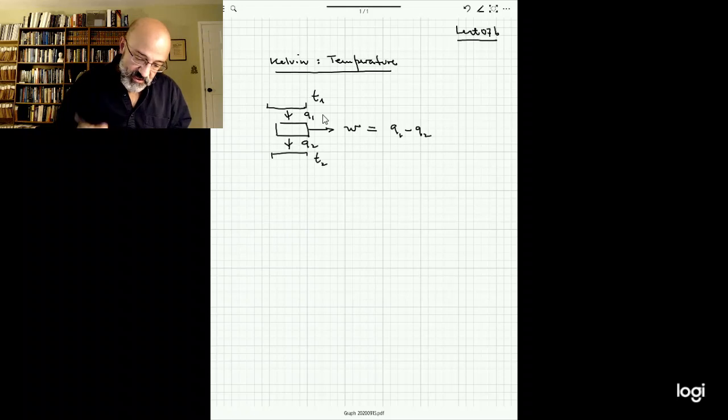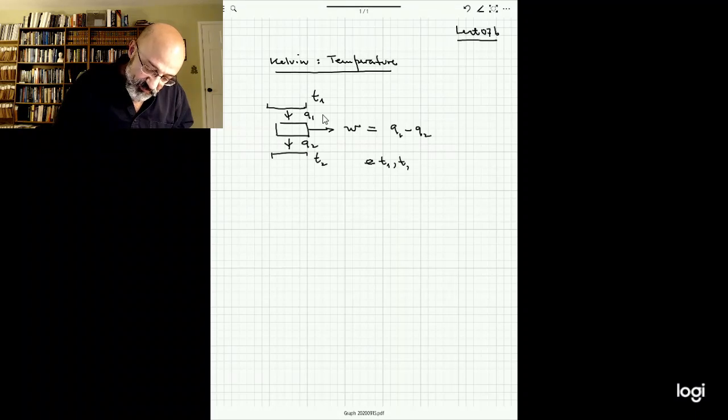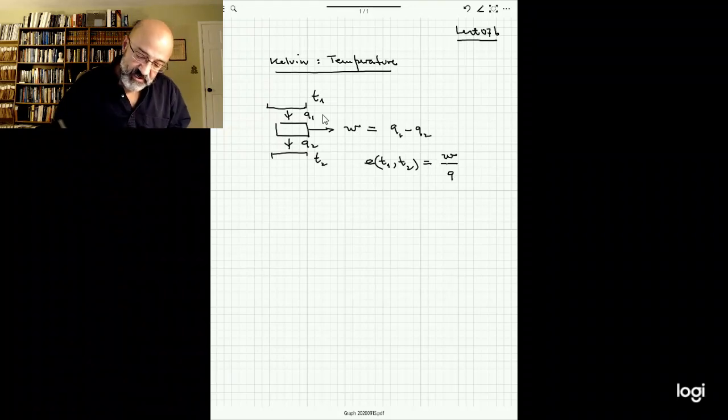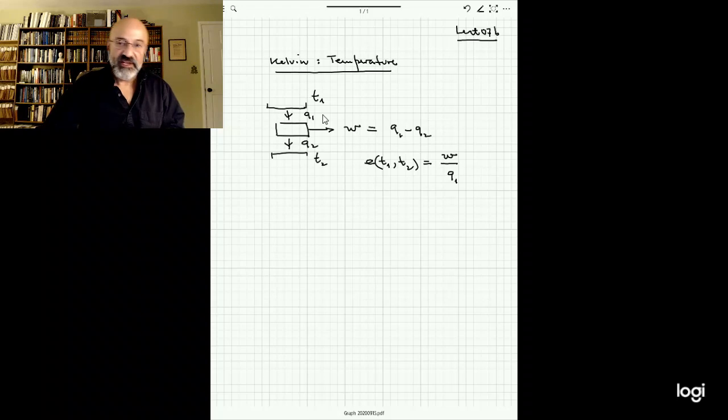So the way Kelvin decided to think was, we have this definition for efficiency, which is W divided by Q1, the stuff you get out of the engine divided by the stuff you had to pay for. And so how do we analyze this concept a little bit more?